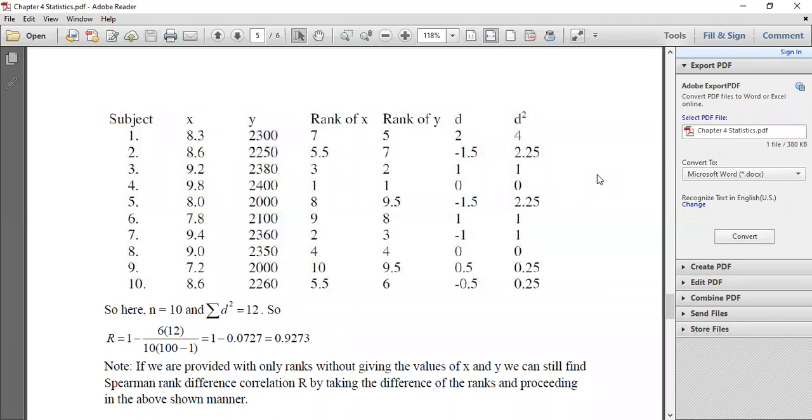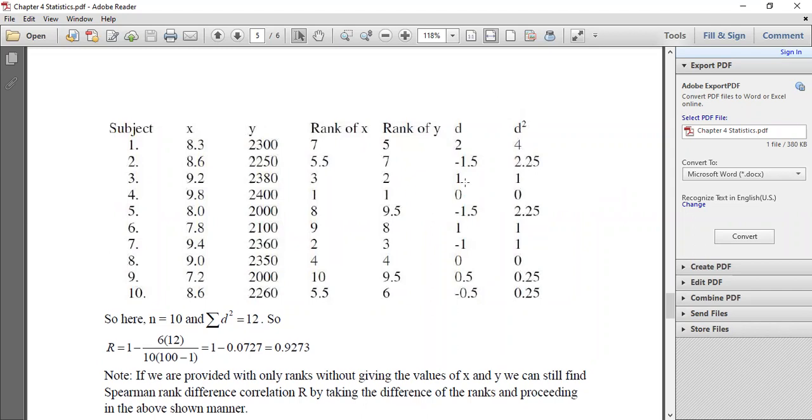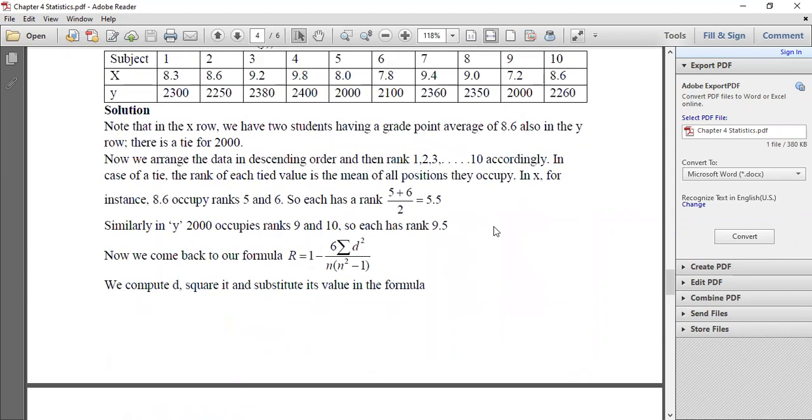Yes, Gideon? The disk says it's equal to 12. Does it come from the summation of the D squared? Yes. So here, you see our formula requires us to have D squared. So you sum D squared.